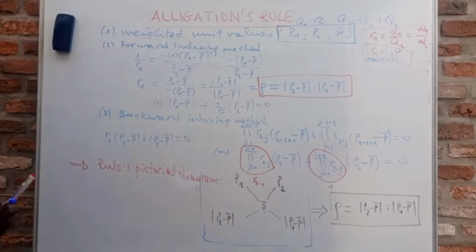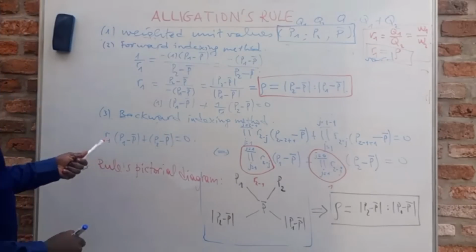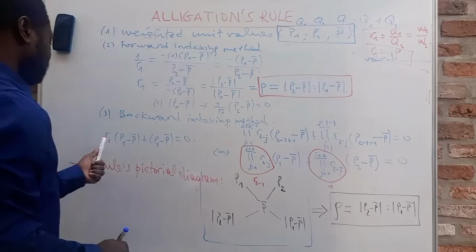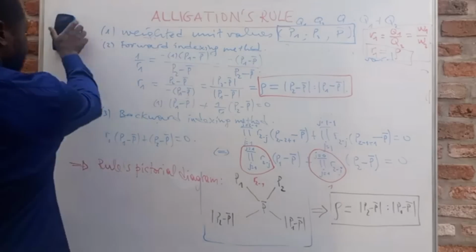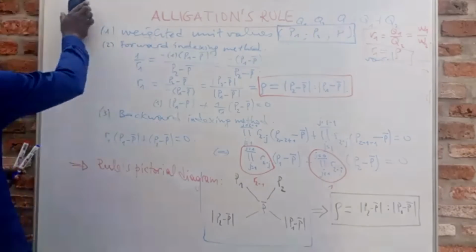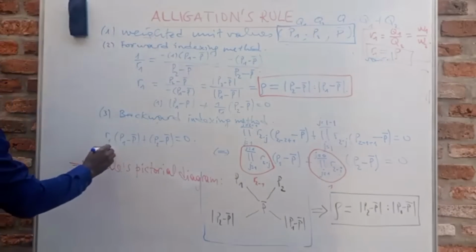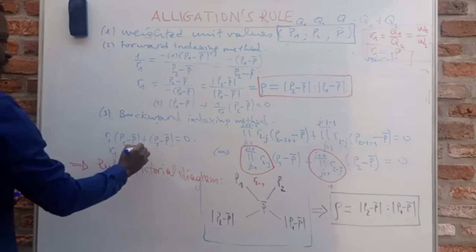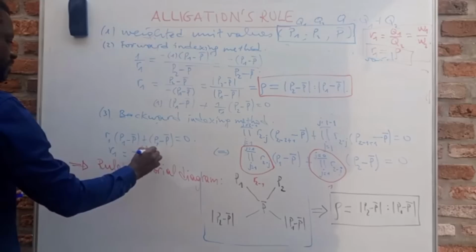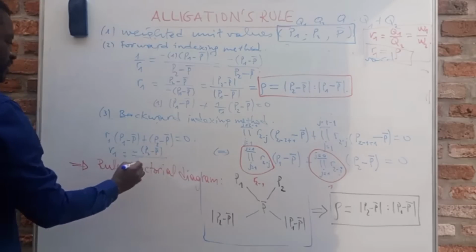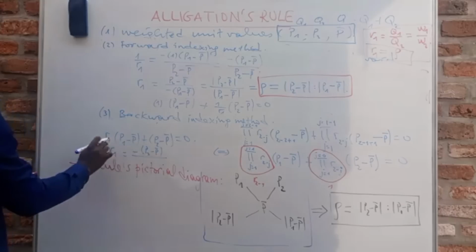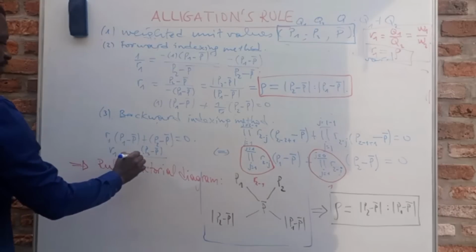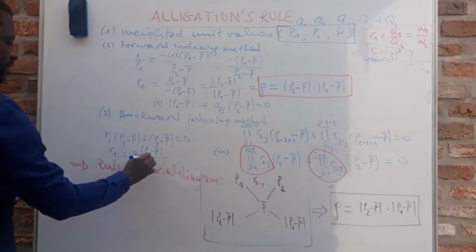So once again, we can reduce the value of R sub 1 directly here. So it does not take long to find that R sub 1 is just equal to the opposite of this quantity, P sub 2 minus P bar, divided by the factor of R sub 1, the ratio, P sub 1 minus P bar.